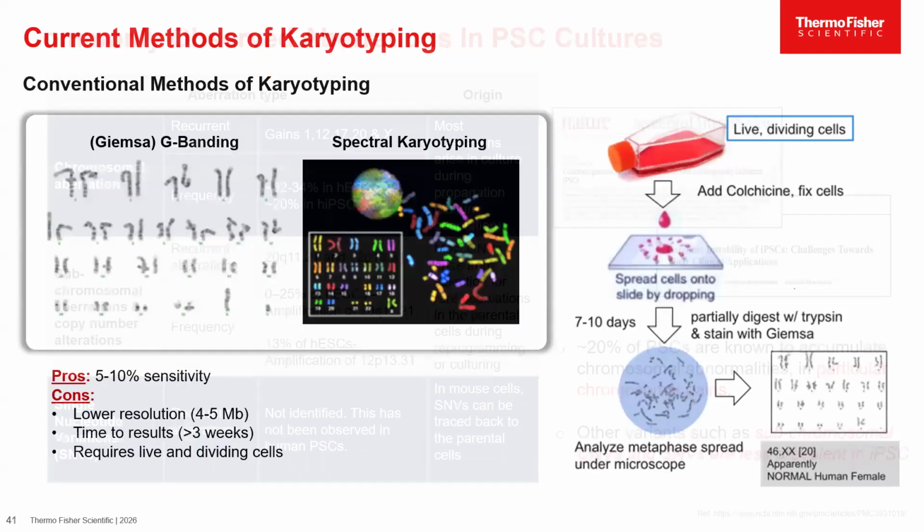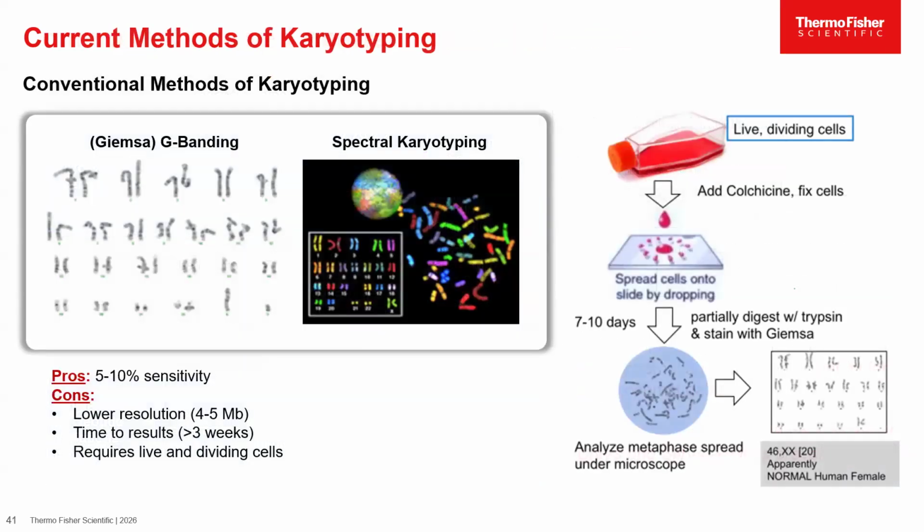Typically, the way most folks look at genetic mutation, or try to see if there's any genetic aberration, is by doing conventional karyotyping, right?